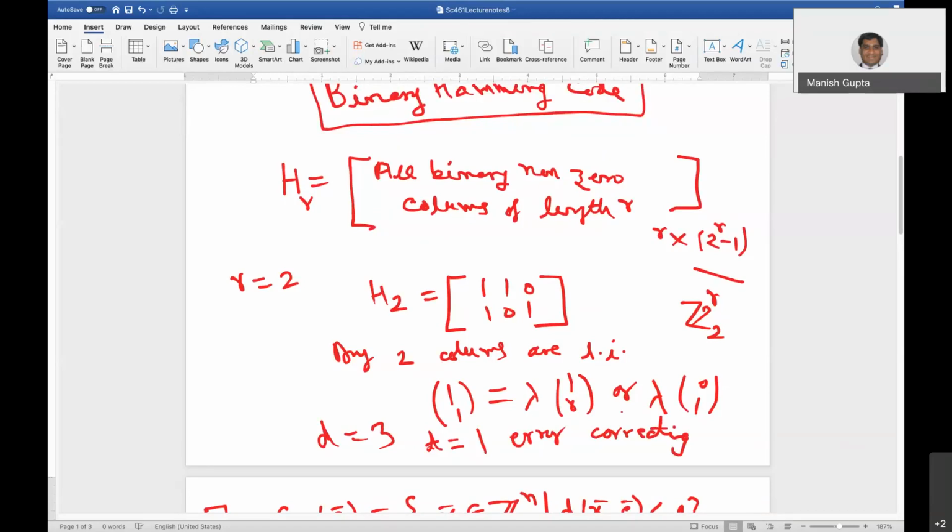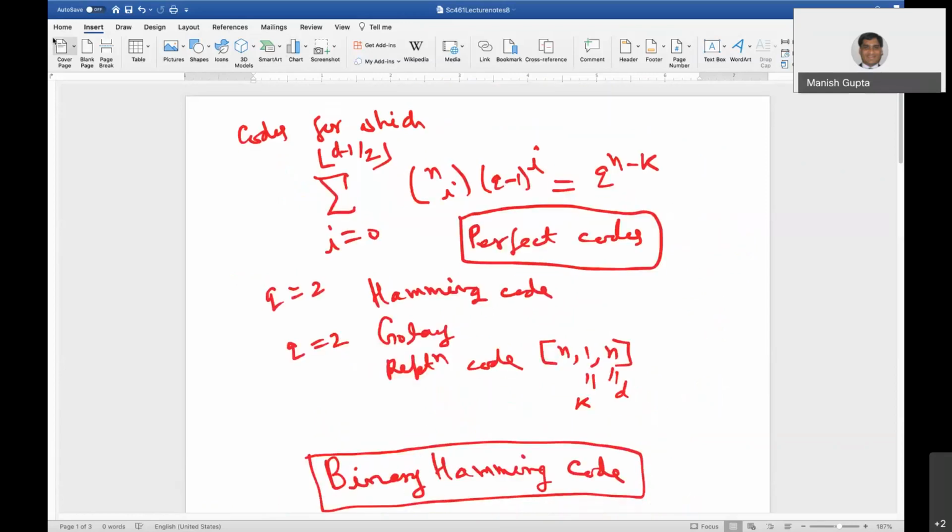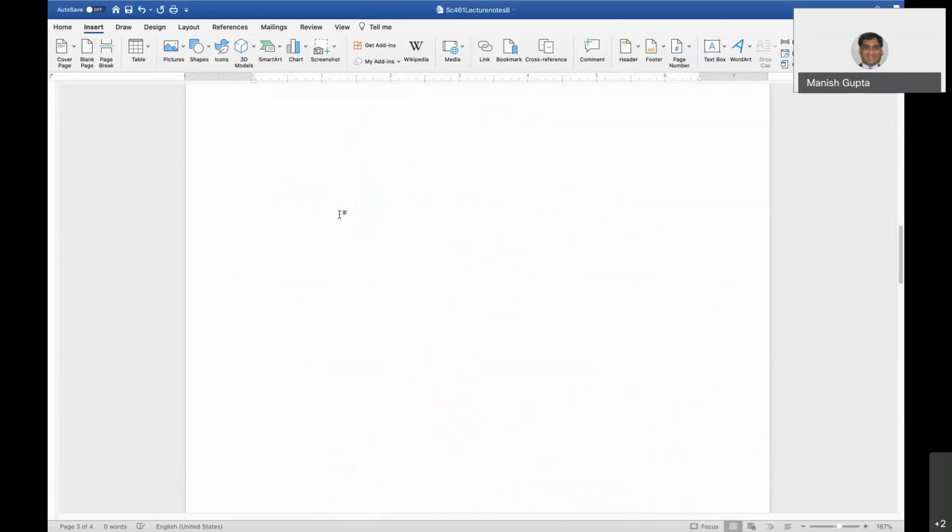Let us now try to construct H3 from here. So we are taking R equal to 3.